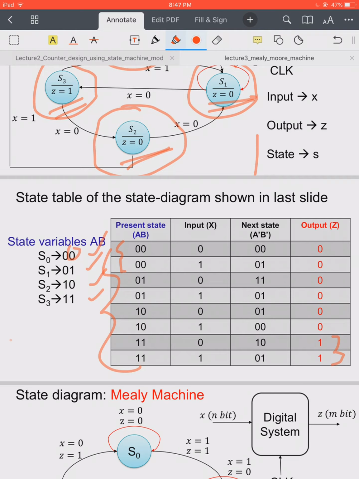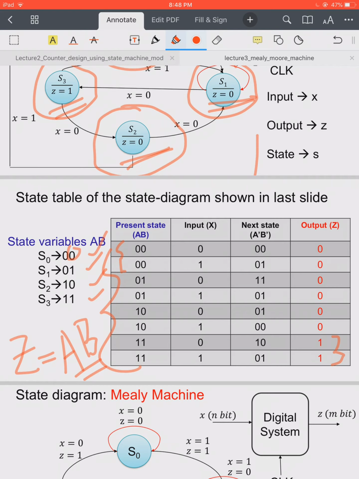So Z will be simply equal to A and B, an AND gate. So the outputs of two D flip flops are combined into an AND gate. AB are the state variables, right?